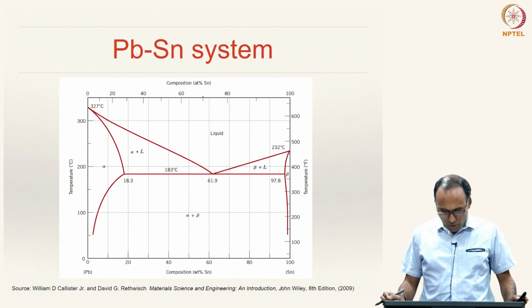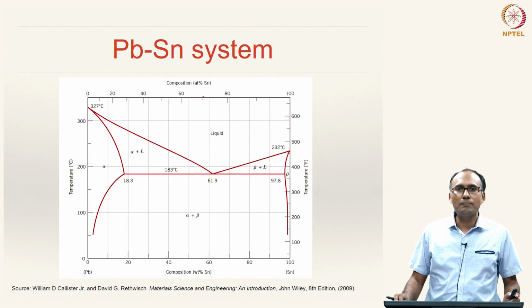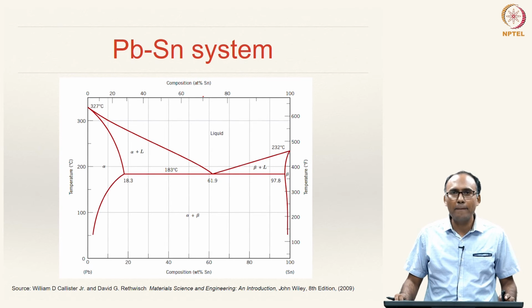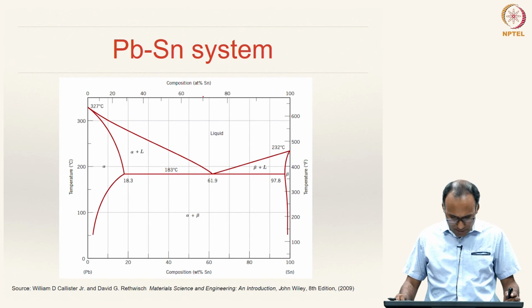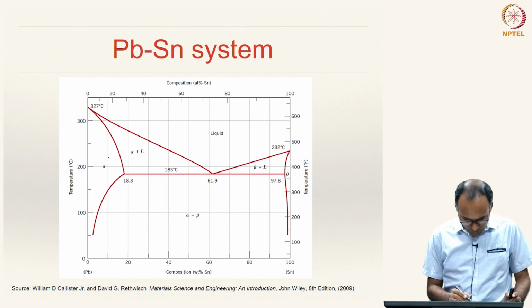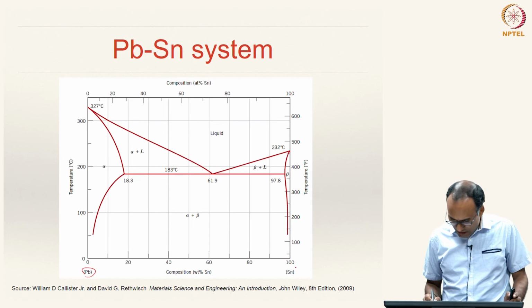All right. A real system that has such a phase diagram, the type 3 phase diagram we have discussed so far, is the lead tin system, which is very well known as a solder, used for solder joints. Here lead is on the left hand side and tin is on the right hand side.